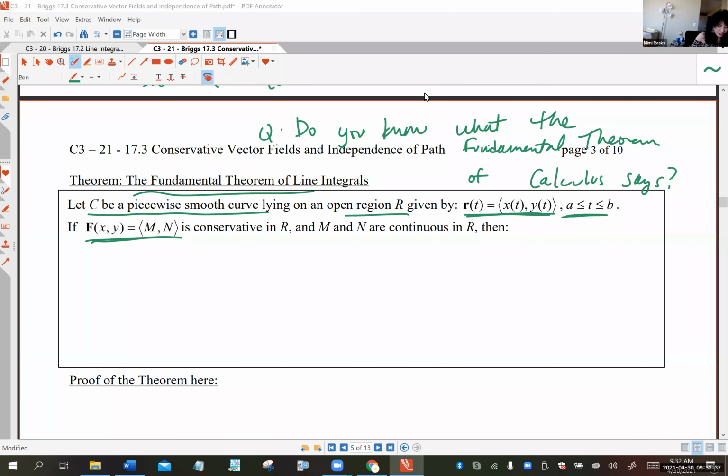It has to be conservative, otherwise the fundamental theorem of line integrals cannot be applied. So this is key, and that could be a good true-false question right there. Does the vector field have to be conservative for the fundamental theorem of line integrals to apply? True. Okay, and you want M and N to be continuous in the region, and then you're fine.